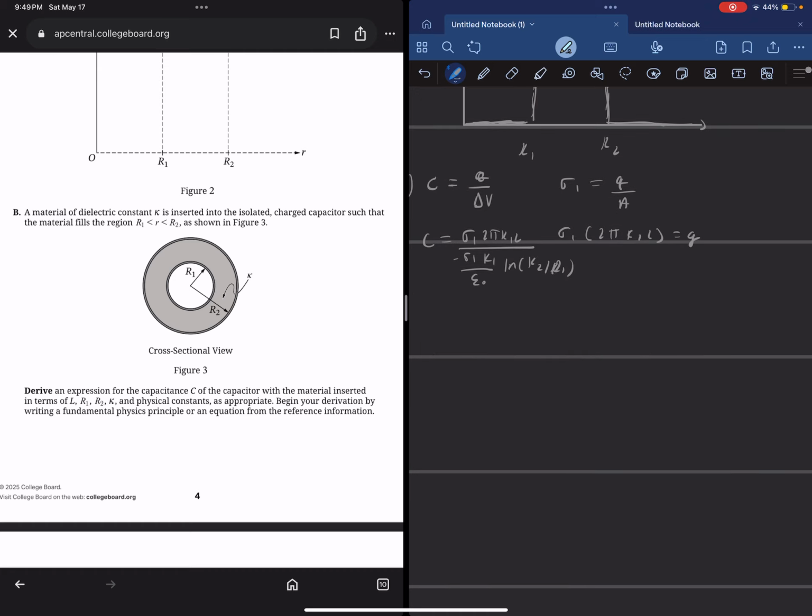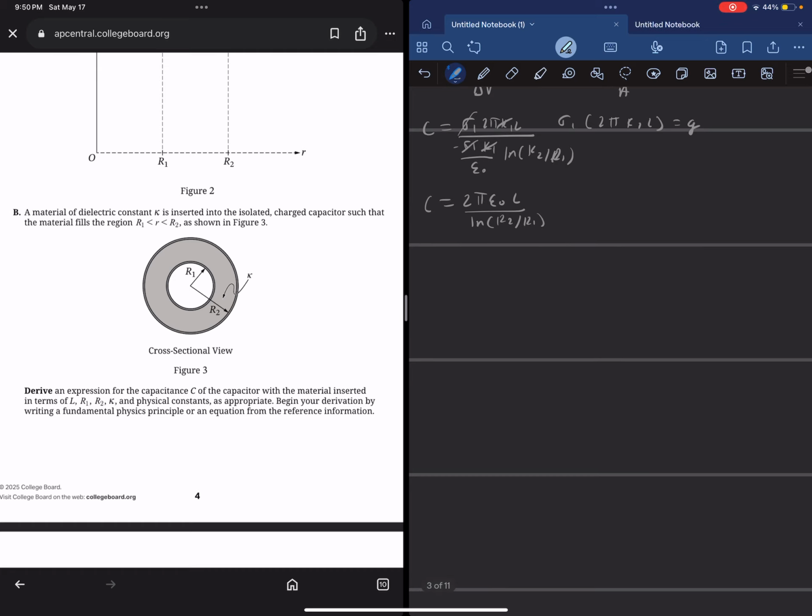And C equals, that cancels, that cancels. So it's 2 pi epsilon sub 0 L over natural log R2 over R1. And then you just add your dielectric constant, so you just add kappa to it.